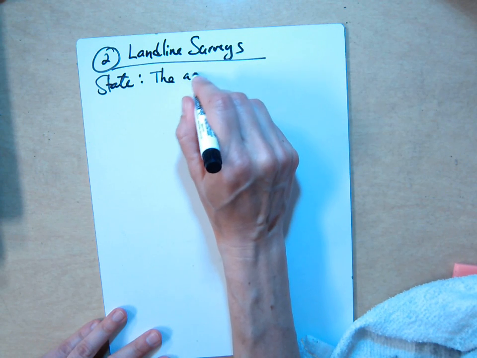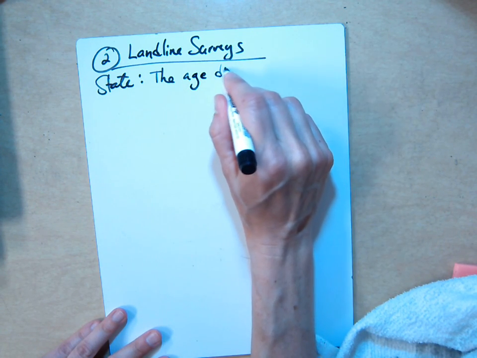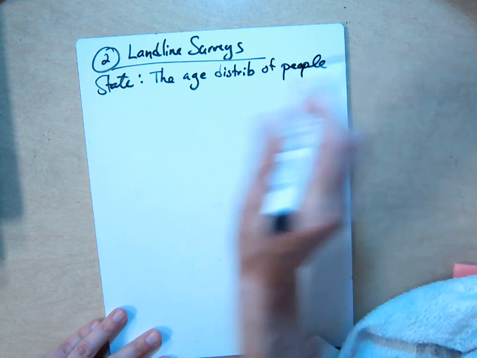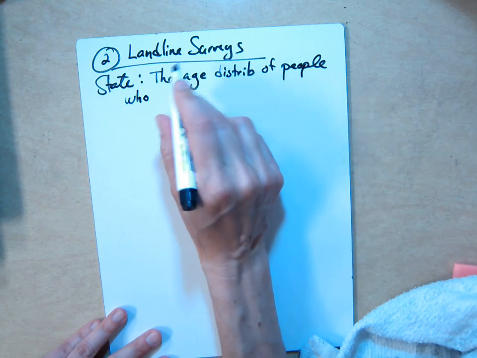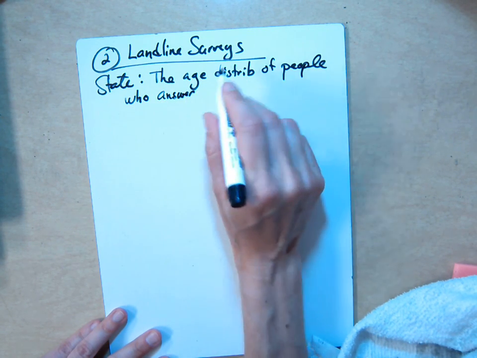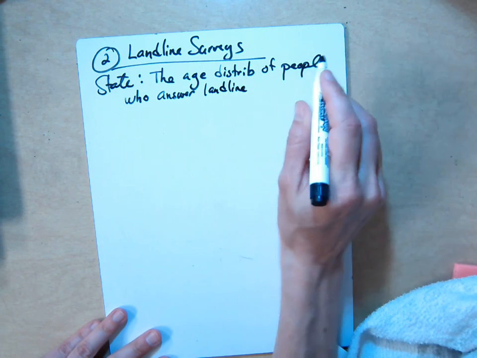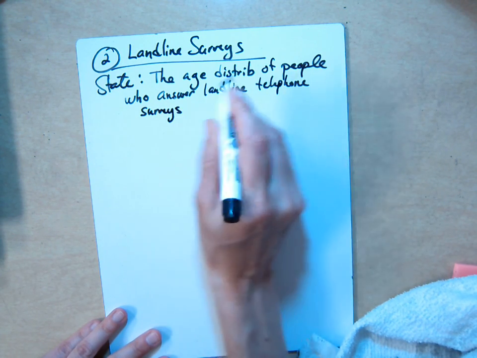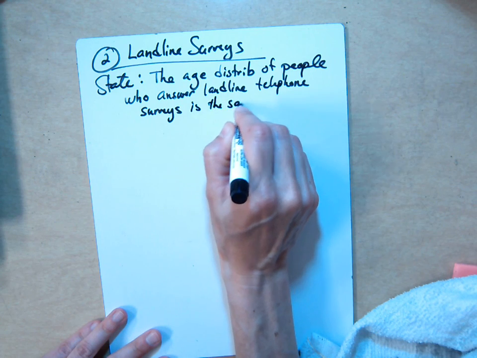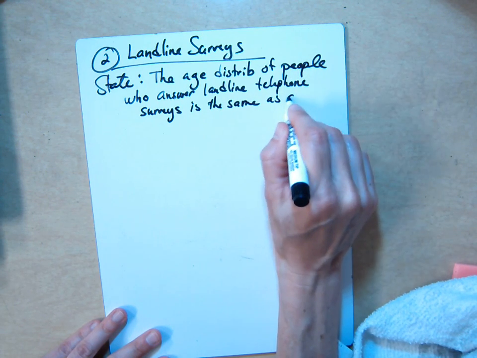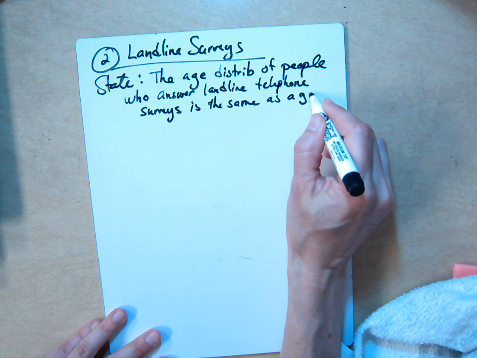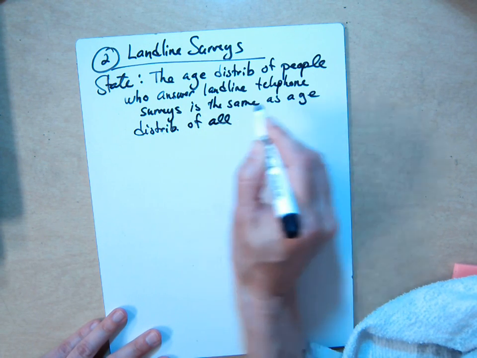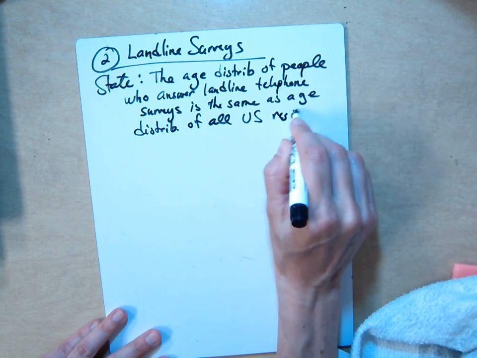We would say the age distribution of people who answer landline telephone surveys is the same as the age distribution of all U.S. residents.